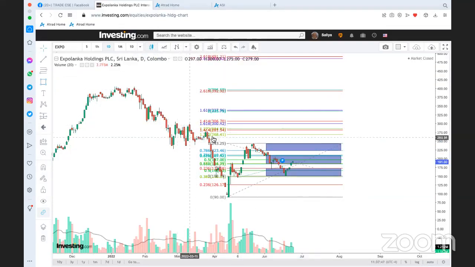Then you have this area. And also here it's a major support that was turned into a resistance. We have to be mindful of that, this level. This low is 227. This high is 304.75, right?